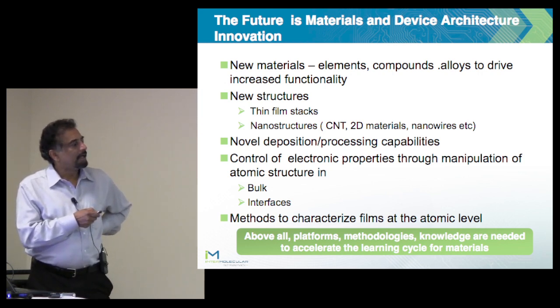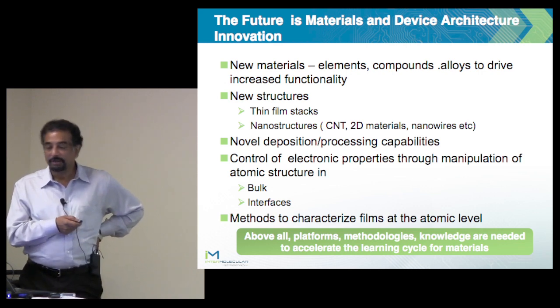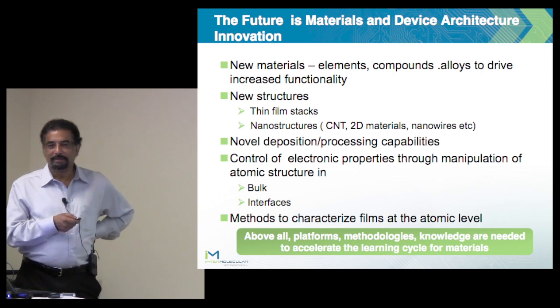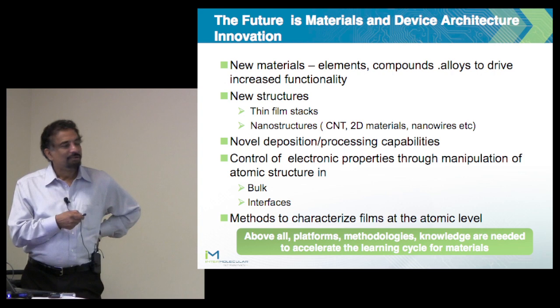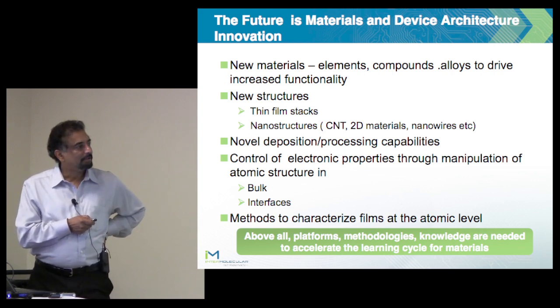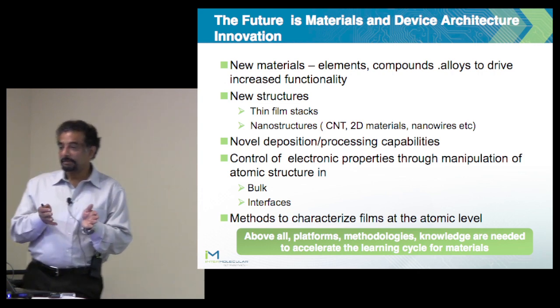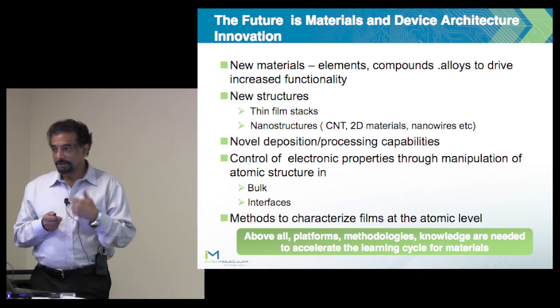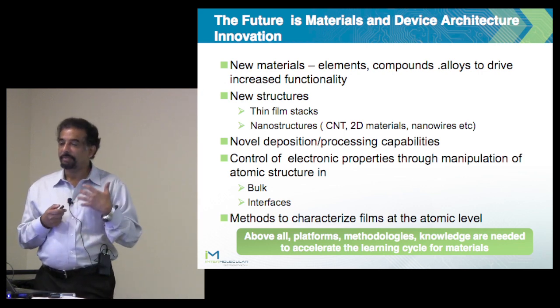And then we're also looking at nanostructures, carbon nanotubes, 2D materials such as graphene, molybdenum selenide. There are things like topological insulators. All sorts of new 2D materials are coming into the forefront. We're looking at nanowires, and on the device front, people are looking back again at tunneling devices.